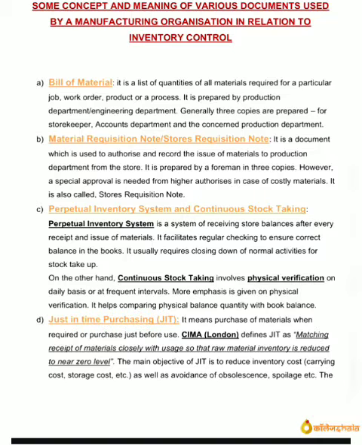It is prepared by the foreman or any other technical person, and this is to be prepared in 3 copies. However, special approval may be needed from the higher authorities in case of costly material. This document is also known as the store's requisition note.